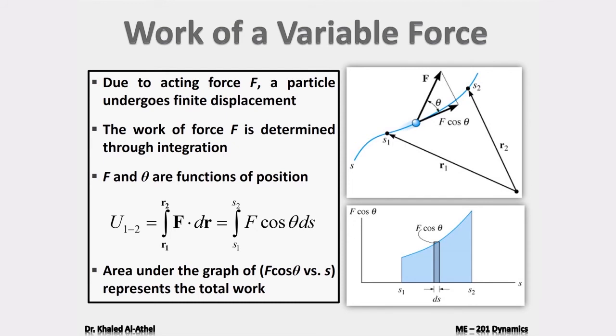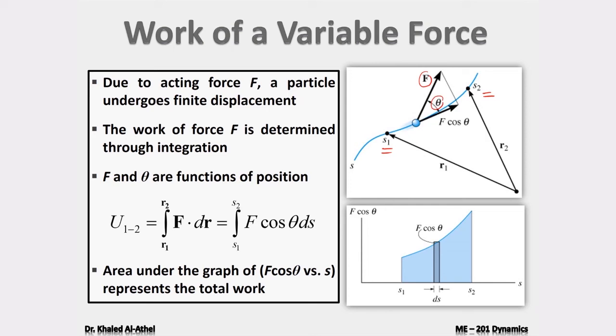Now, let's go into our cases of different types of forces. The first thing, the most general case, is that you're going to have a variable force. When we say variable, meaning that the force will change in magnitude as it changes the location or as it moves forward. So in this example, we are going to move from S1 to S2, and they have a force F that is applied with an angle theta.